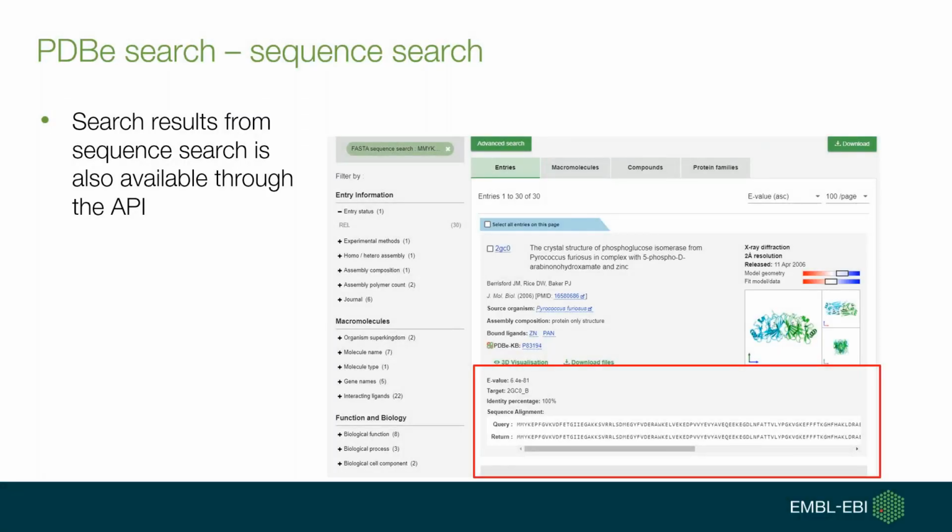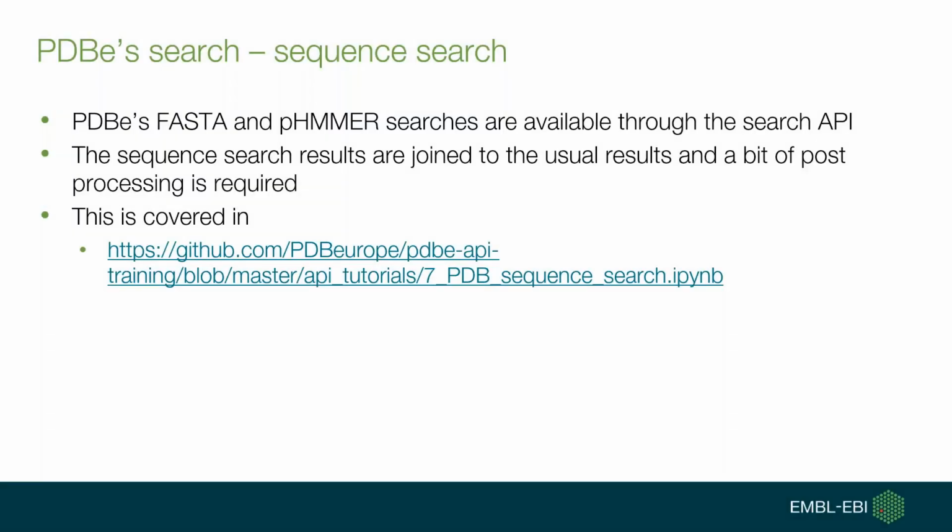I mentioned earlier that we have a sequence search available, and this of course is also available through our API. So both the FastA and pHammer searches are available. Handling the results is a little bit more complicated than I want to go through in this webinar, but it is covered in lots of detail in the 7th part of the API tutorials that I have shown here, which will walk through how to use this feature.